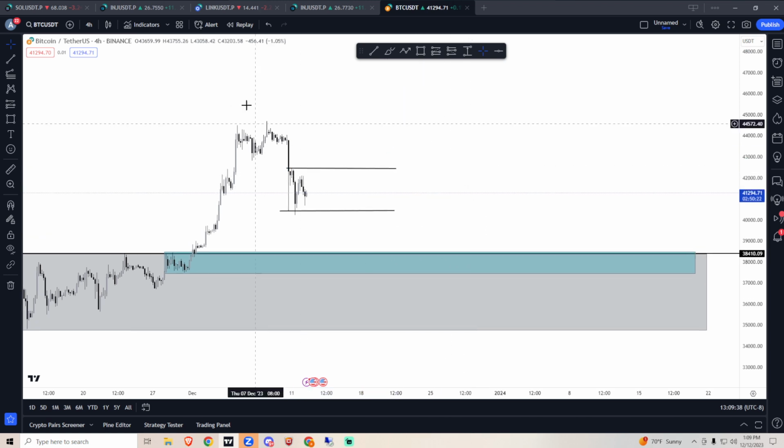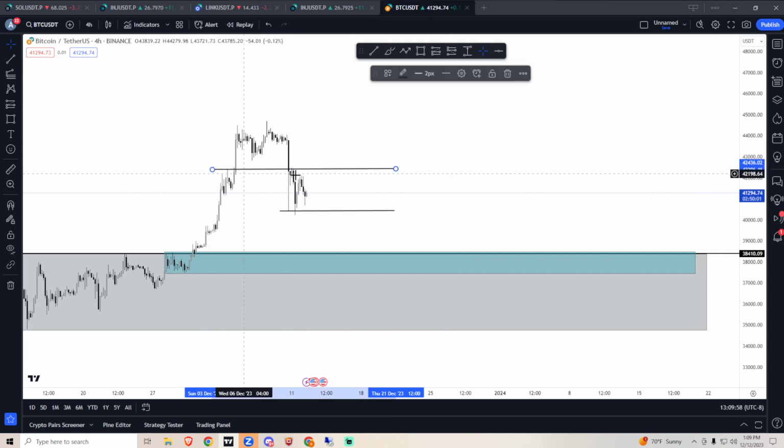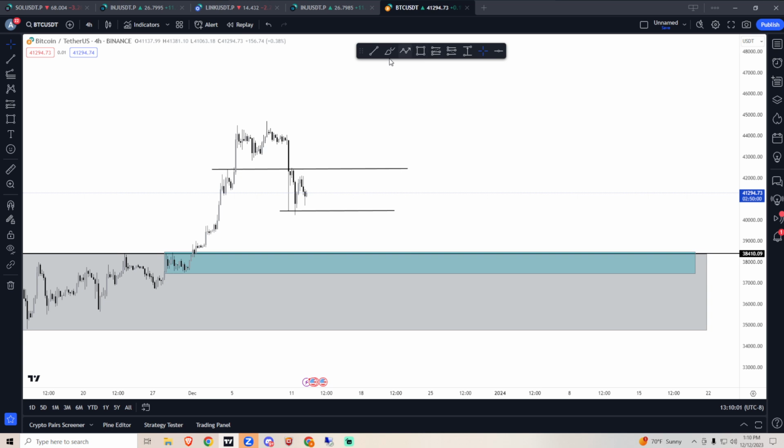We made, here was the last higher high, higher low, higher high. We made a lower low. Maybe we go back up and make another lower high, maybe test the range highs again. But for me to be bullish, we need to reclaim this to go higher. Okay, otherwise, this is your range.